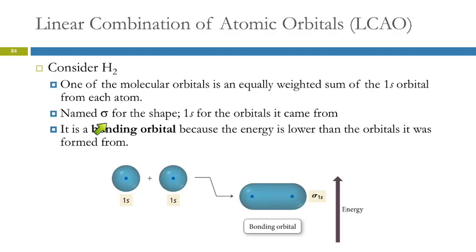So that's a sigma orbital, and it's called sigma 1s, because it came from combining 1s orbitals. Okay? It's a bonding orbital because the energy is lower. If it doesn't cause a lower energy, then it's not going to facilitate bonding. Any questions?